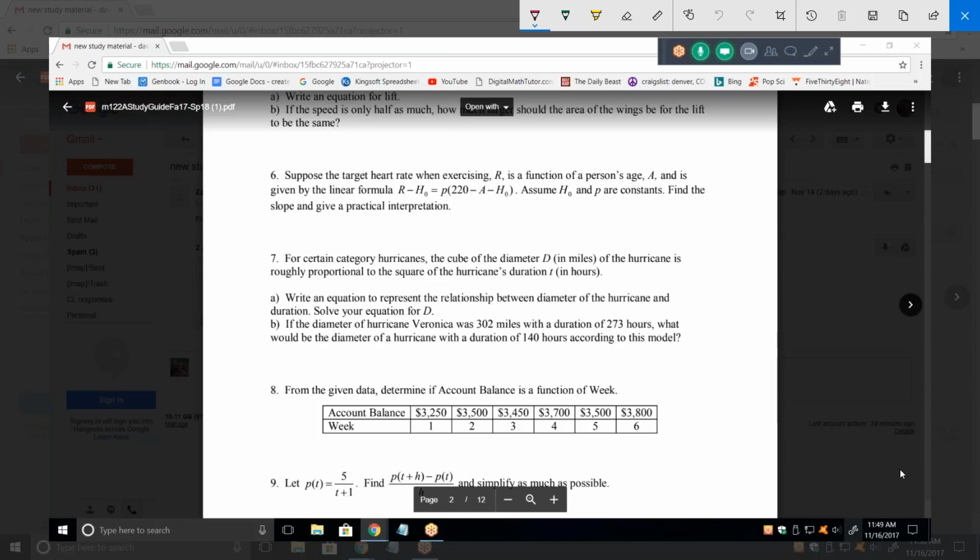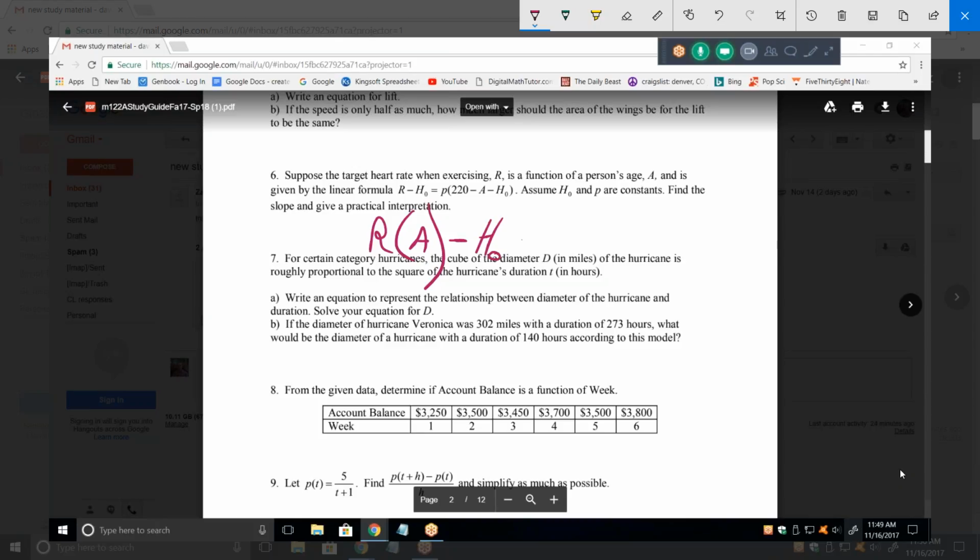Suppose that R is a function of a person's age. It means I could write it like this. When I write it like this, I'm only going to find one thing on the other side of the equation that's a variable, and that's A. Okay? Now, they also added the rest of this stuff.